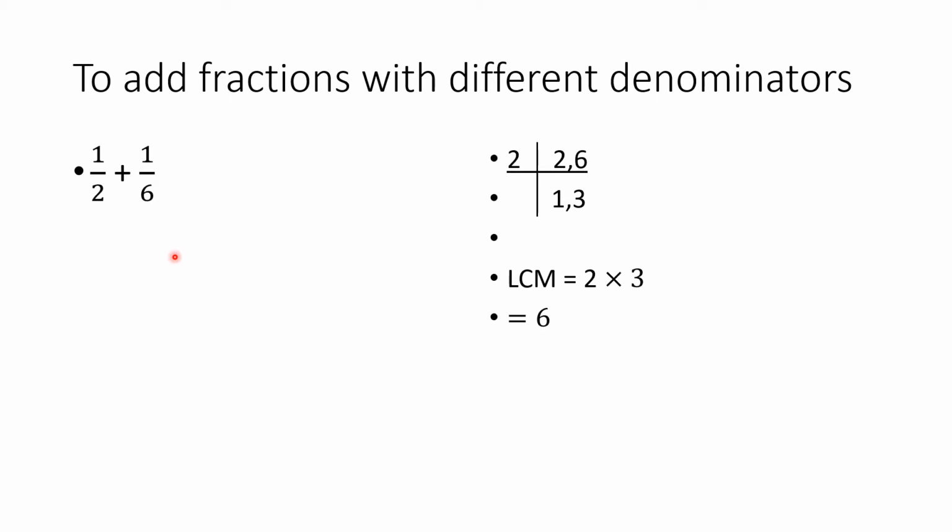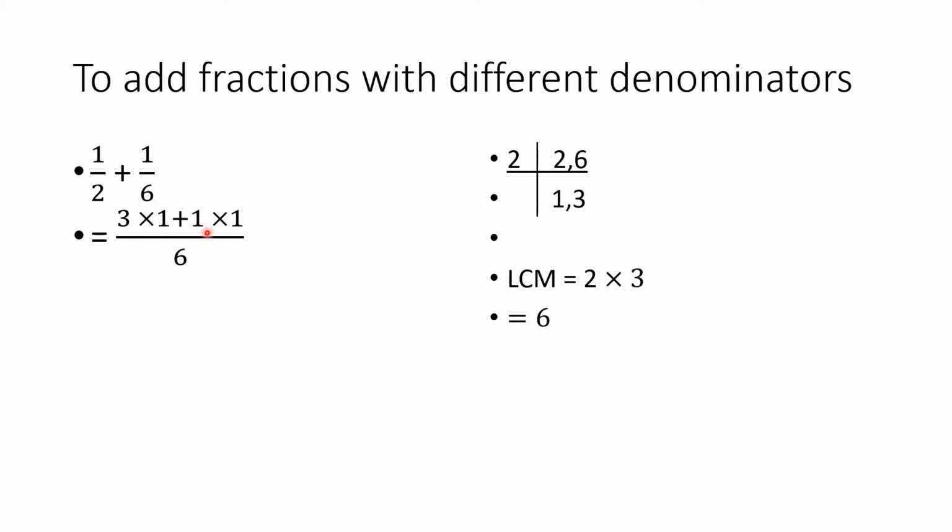We will write this LCM as the denominator, here 6. Now we will divide 6 by 2. 2 threes are 6. We will write 3 here and multiply this numerator 1. Then the sign of plus. Then 6 ones are 6.